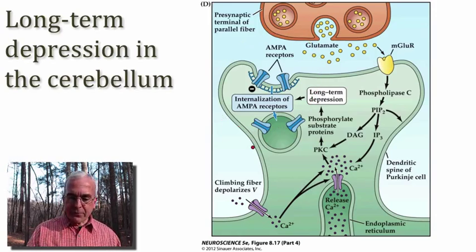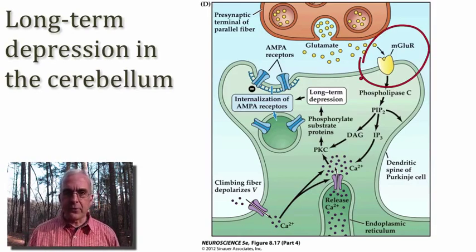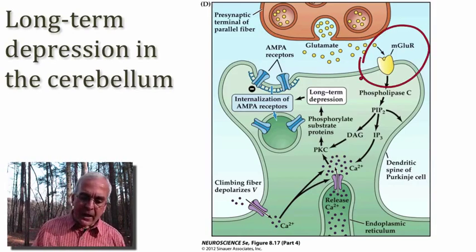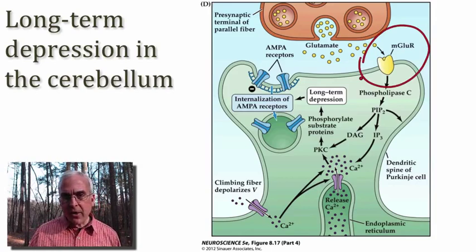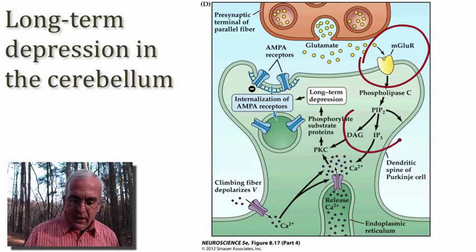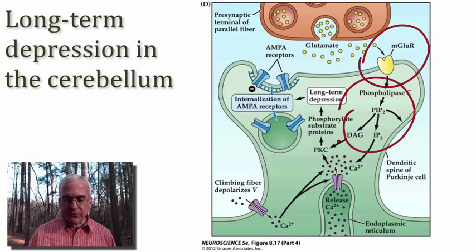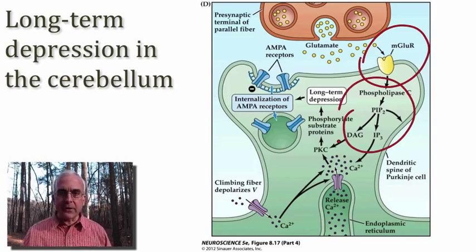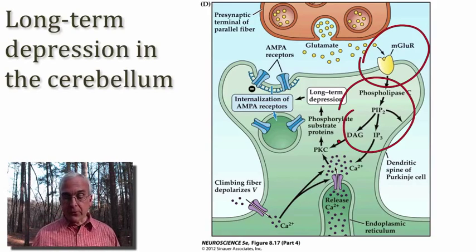Rather, the receptor that mediates this phenomenon is a metabotropic glutamate receptor. And glutamate is released at the parallel fiber synapse. It interacts with this metabotropic receptor for glutamate, and this engages a cascade of second messenger systems that liberate calcium from intracellular stores.